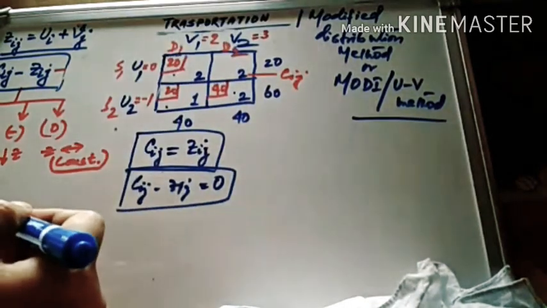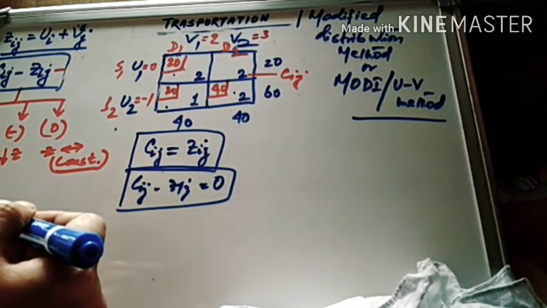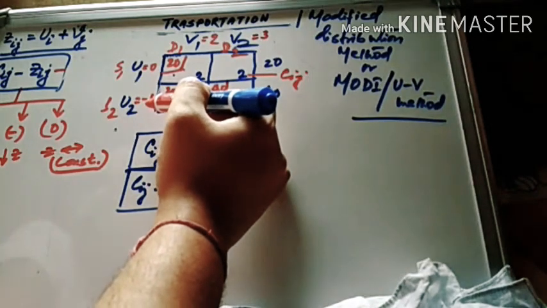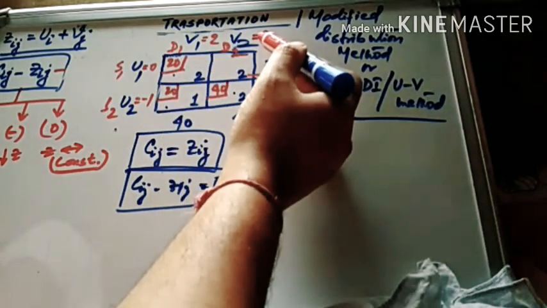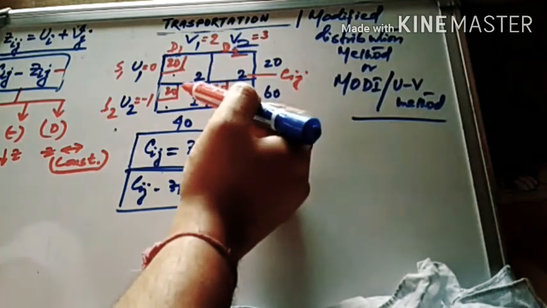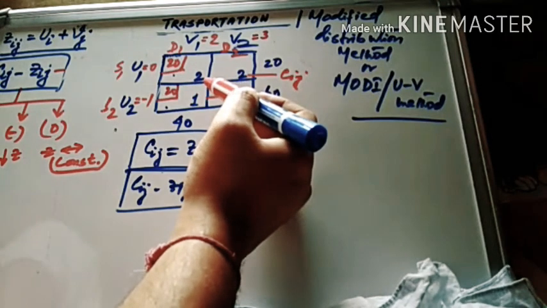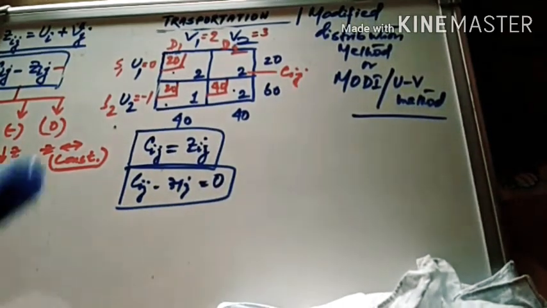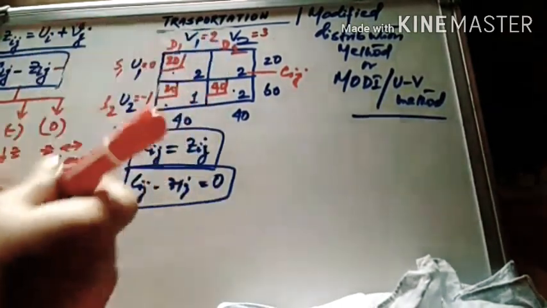And what is that? Here Ui is minus 1, Vj is plus 3, which gives you a Zij value of, sorry, I am mistaken.